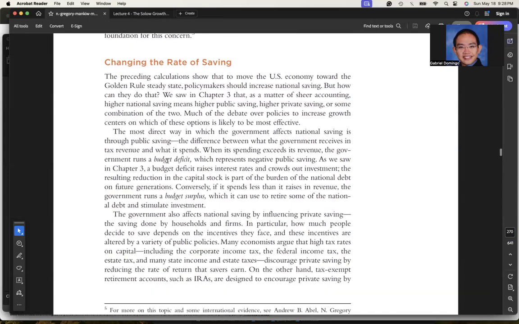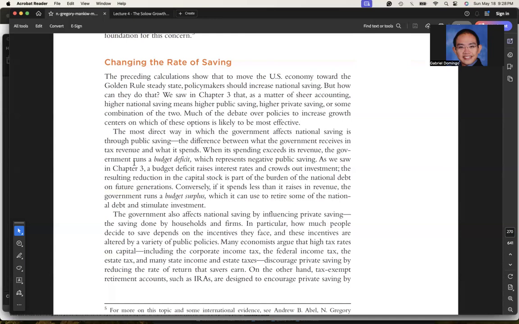Next, changing the rate of saving. So this is one major way, according to the Solow model, to change the long run output per worker and the long run capital per worker, right? And some ideas here is that there is such a thing as public saving and private saving. Public saving is, of course, in the ambit or the power of the government to change, right?